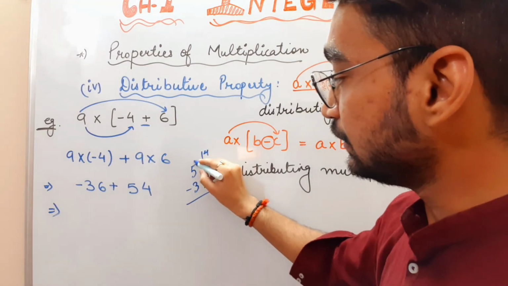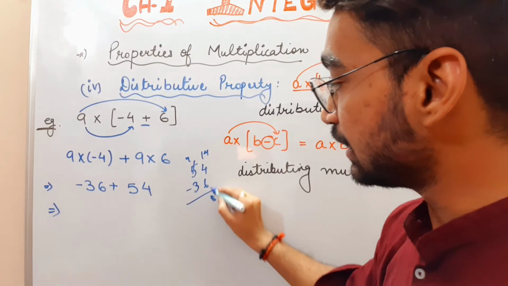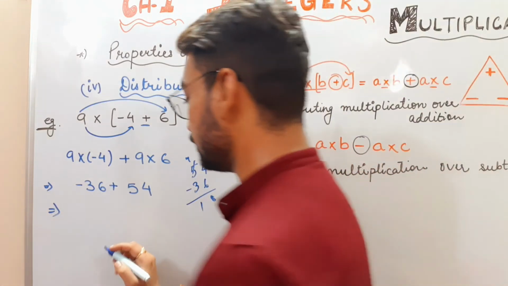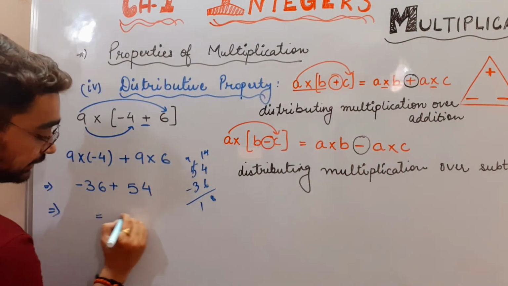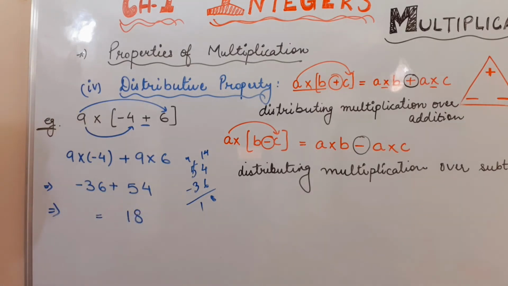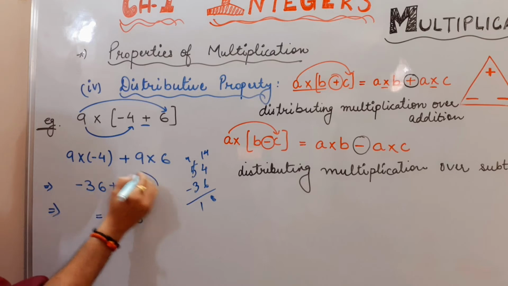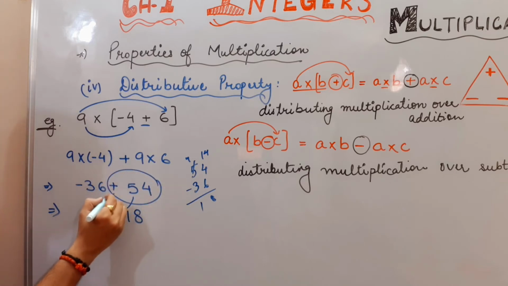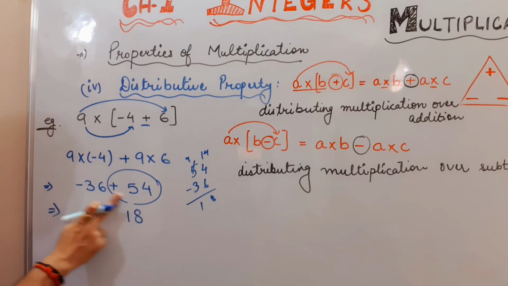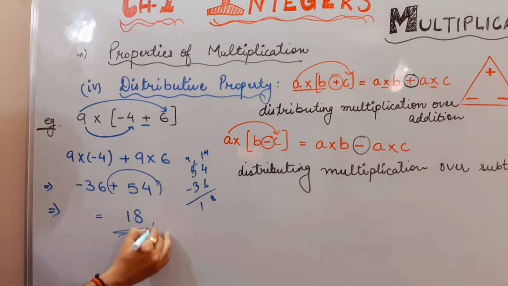It will be 18. Then 18 will be positive or negative? Which number is bigger here? 54 is bigger. What is the symbol before 54? Positive. So this 18 will also be positive. This will be my answer. Right? So distribution is actually easy.